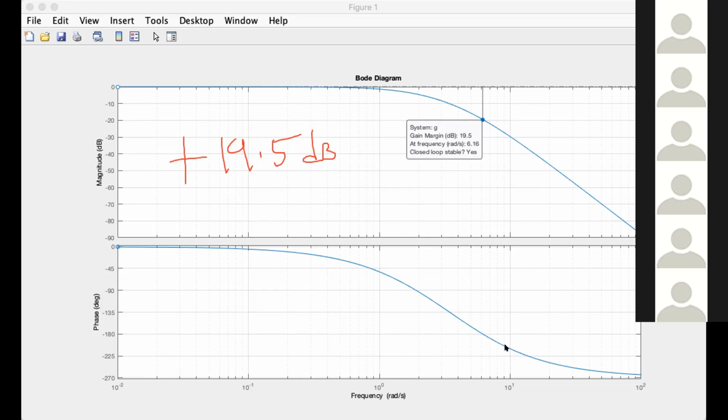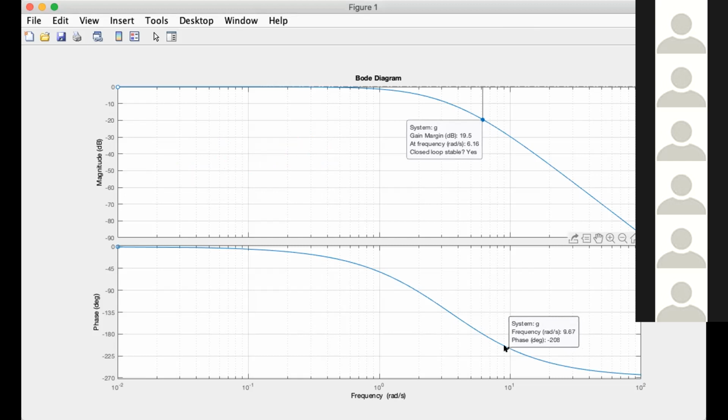Okay, so we scan at the phase here. We scan the frequency 6.16. So at frequency 6.16, the phase is minus 180 degrees. So this gain margin occurred at frequency 6.16 radian per second. Okay, so it gives you positive 19.5 decibels.